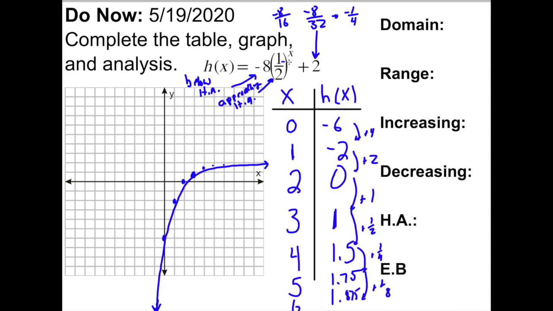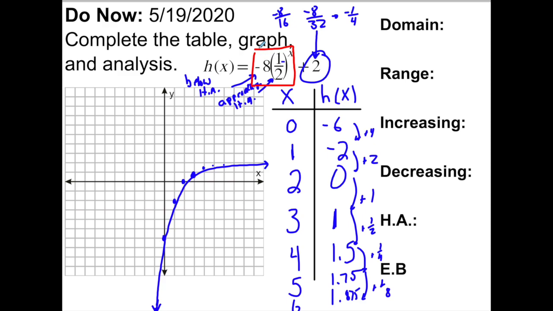So the 2 makes up almost the entire value of that function when x is big enough. And so what that means is that as x gets bigger and bigger, the value of the function becomes equal to whatever this constant is, because this part is essentially dwindling away to nothing. So all that's left is the remaining constant.